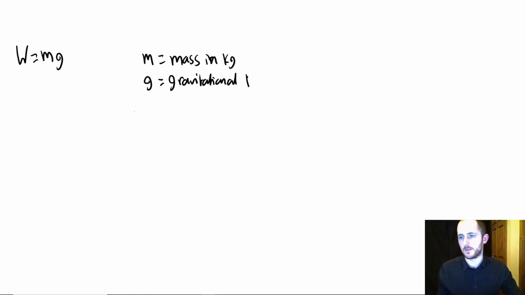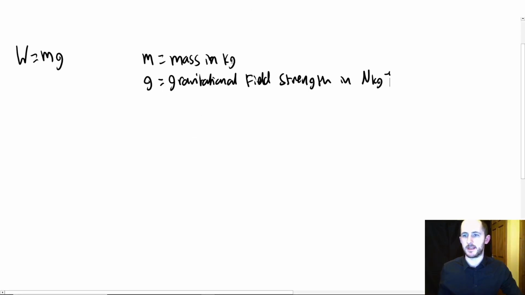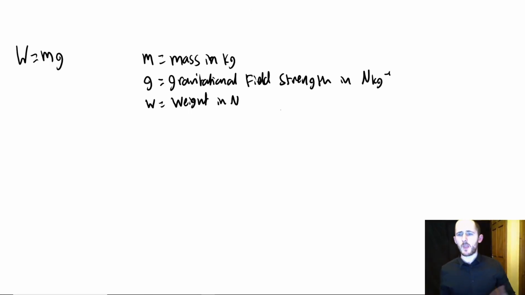The units for this are newtons per kilogram. So when you multiply the mass in kg by newtons per kg, you're going to get weight in newtons.